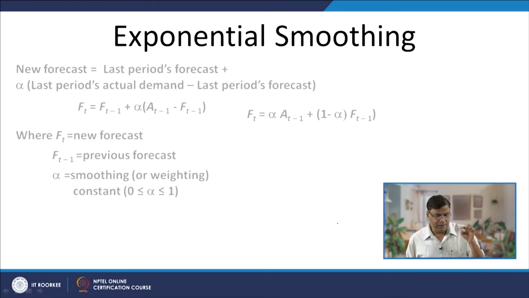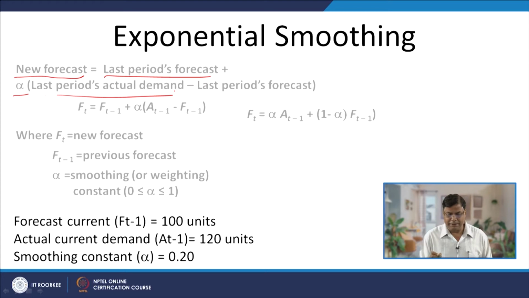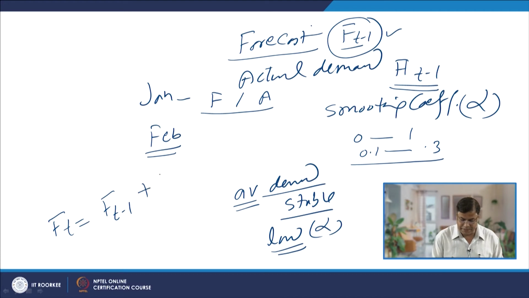So, the new forecast means the last period's forecast plus alpha into the last period's actual demand minus the last period's forecast. That is how we get a very simple equation for the next period: the last period's forecast F t minus 1 is used as it is, plus alpha times the difference of the actual demand and forecast of the last period, A t minus 1 and F t minus 1.